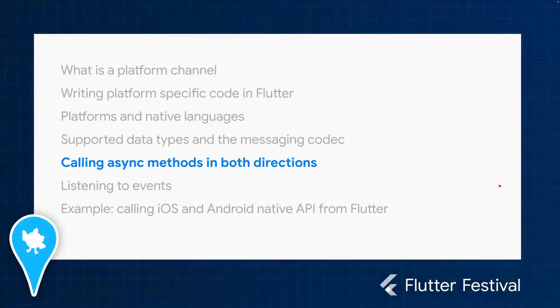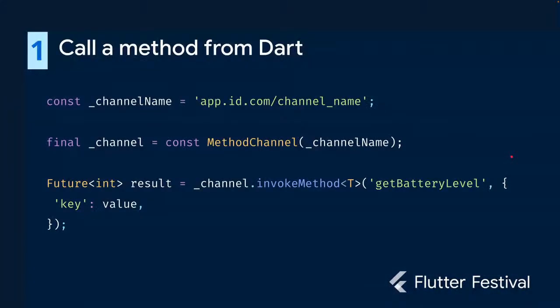First, how do we call a native method from Dart? We first need to define a channel name. The communication happens on a channel, and the way we identify that channel is by its name, and that name is a string.